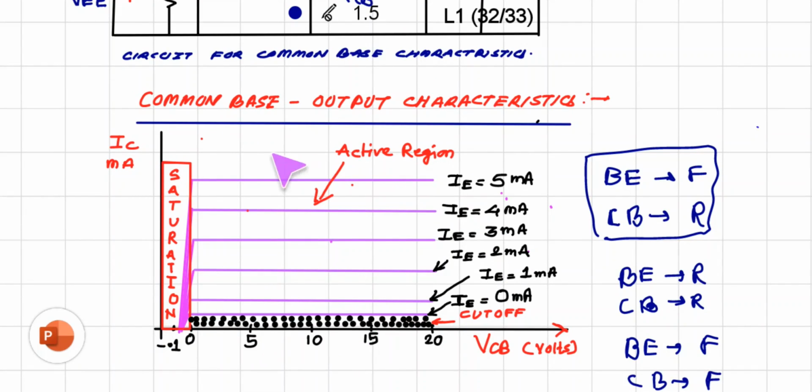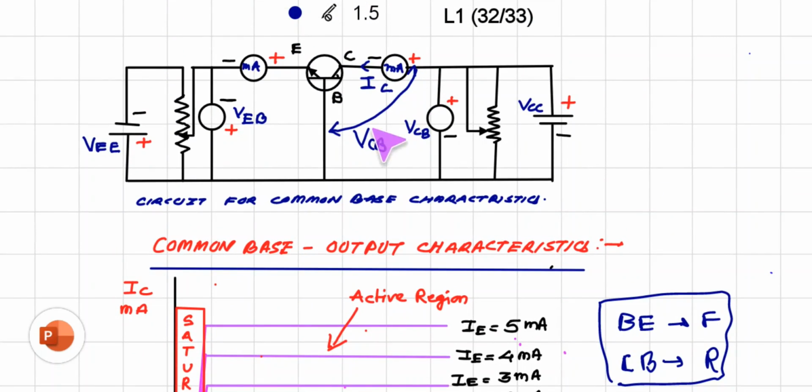This is the graph which shows the output characteristics of the common base transistor. This is VCB, the voltage across collector and base. Initially it is 0. We can increase it like 1, 2, and we can even decrease it like -1, -2. But remember that when it is less than 0, we are reversing the polarity, and this junction, instead of reverse bias, will become forward bias.